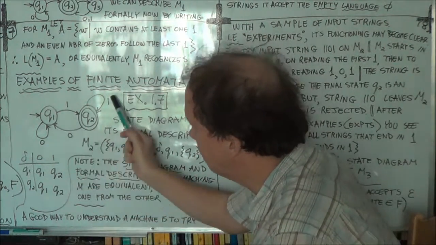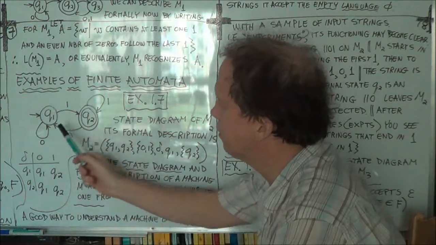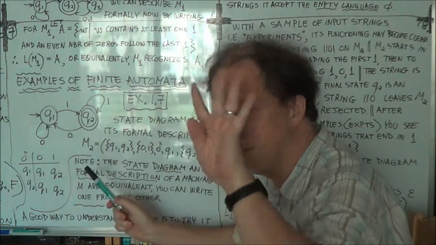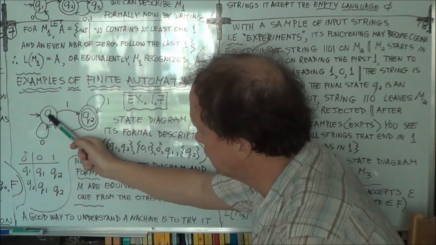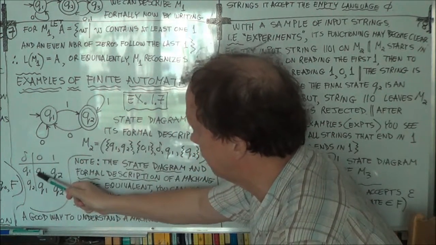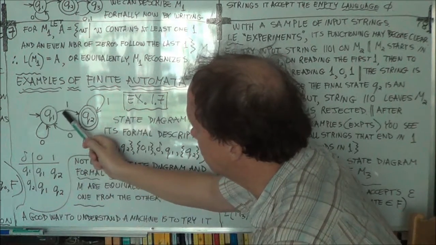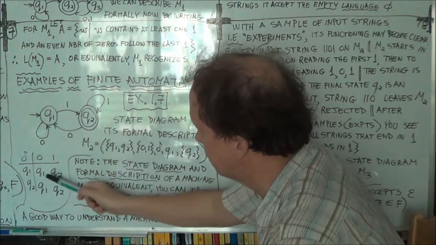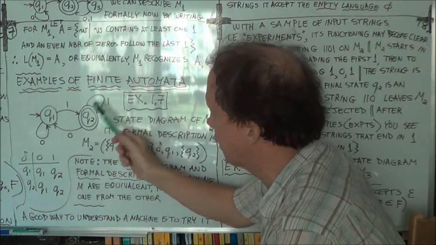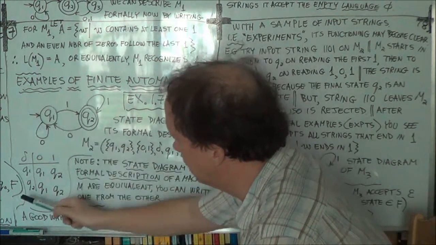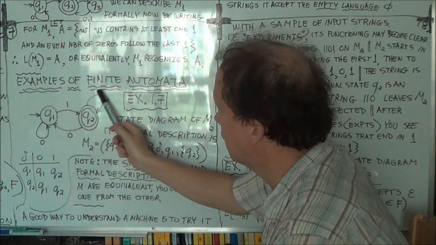From this state transition diagram, let's calculate what the next state is in the 4 cases. Q1 0 takes you back to Q1. Q1 1 takes you to Q2. Q2 0 takes you to Q1. And Q2 1 takes you to Q2.